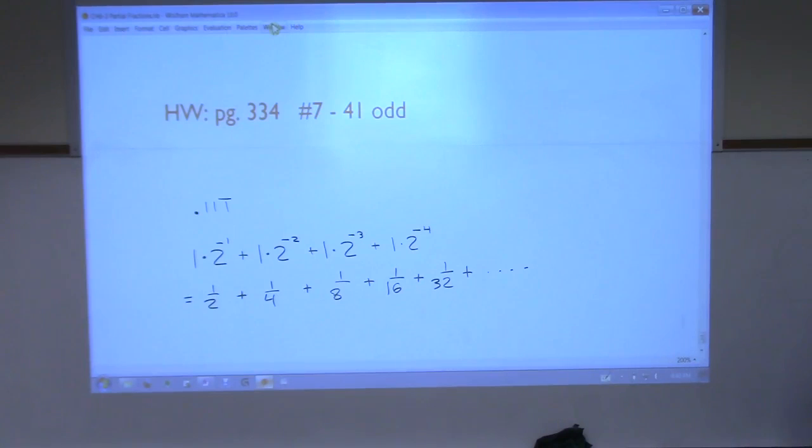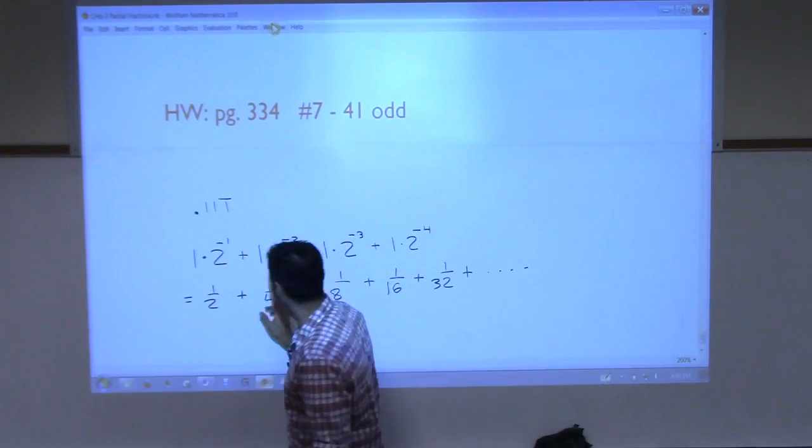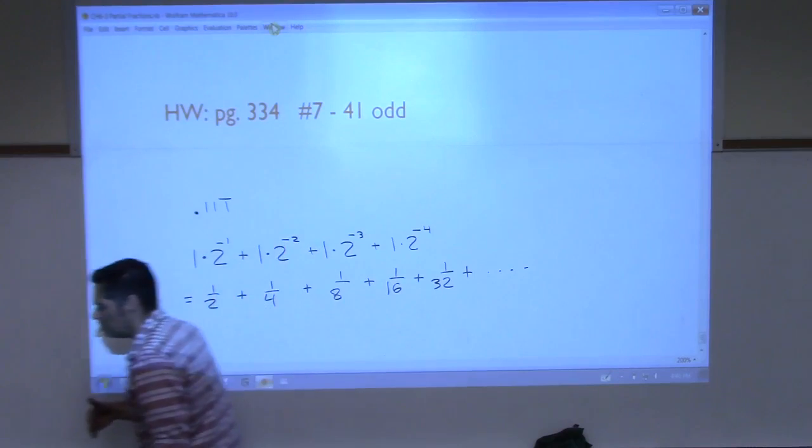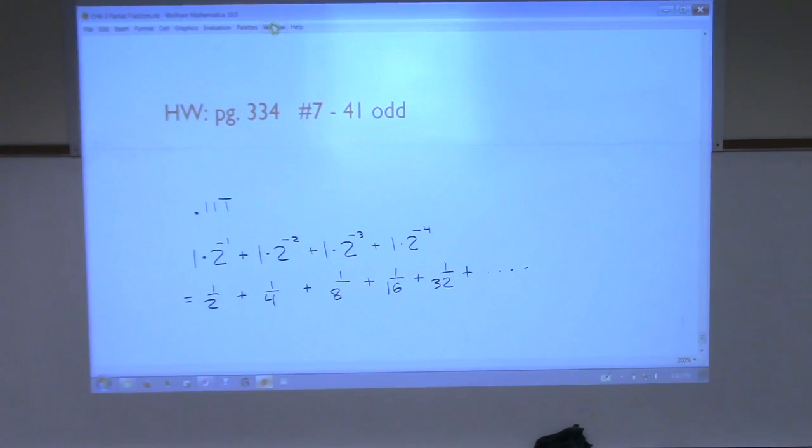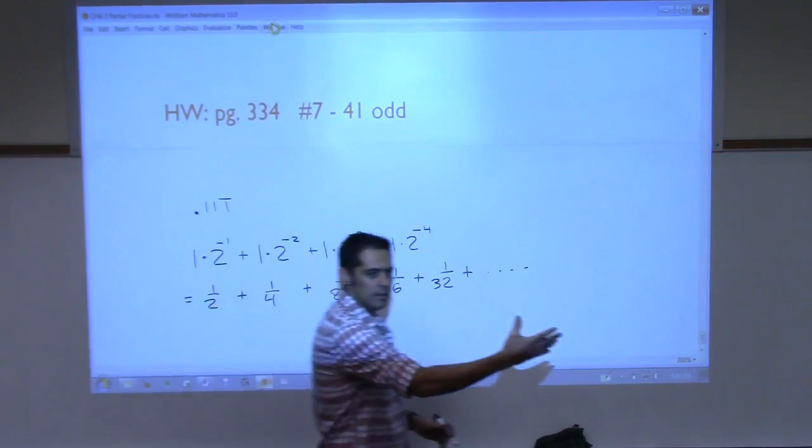If we say that 1 unit is from this wall to that wall, I walk the first half, meaning I go halfway. Then a fourth of the room, which should put me here. Then an eighth of the room, then a 16th. I'm halving it each time. If I do that forever, theoretically, it approaches 1. The limit is 1.